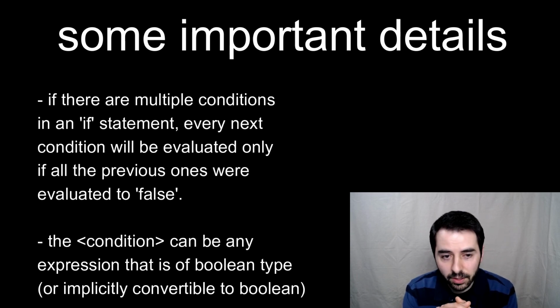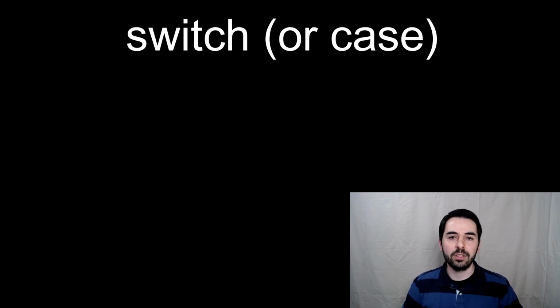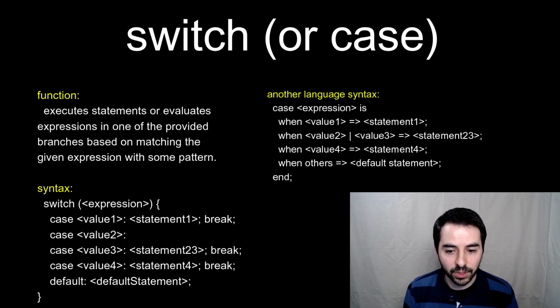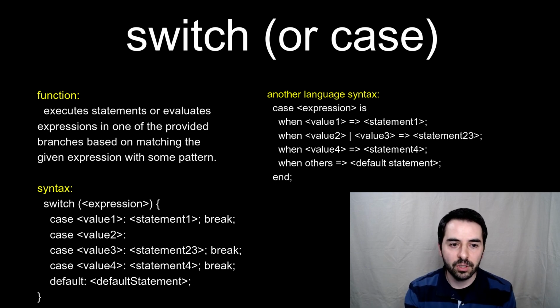So that's enough about if. Let's go to the next control flow statement, which is the switch. In some languages it's called switch, in some languages it's called case, but the functionality is the same. What it does is pick a code path or a branch from n different branches based on the evaluated expression, or a condition.